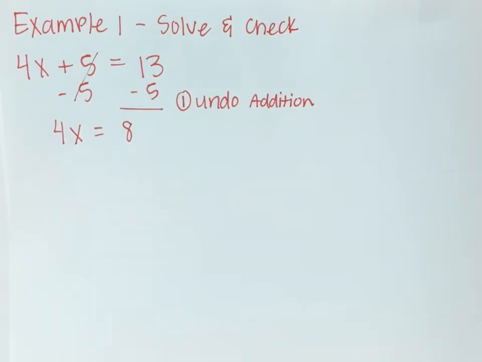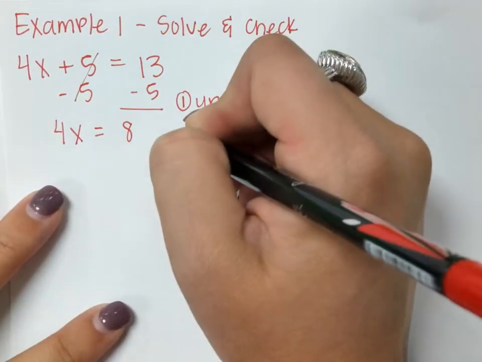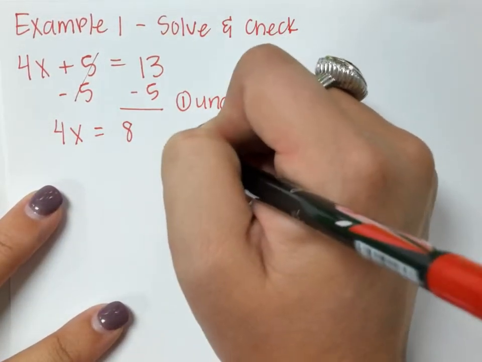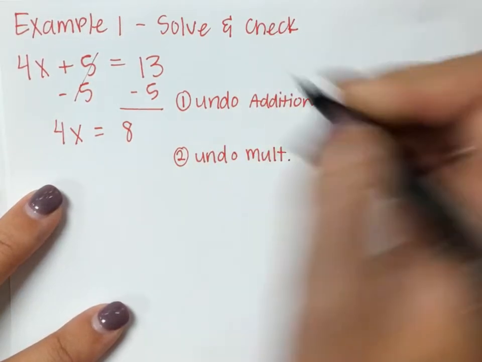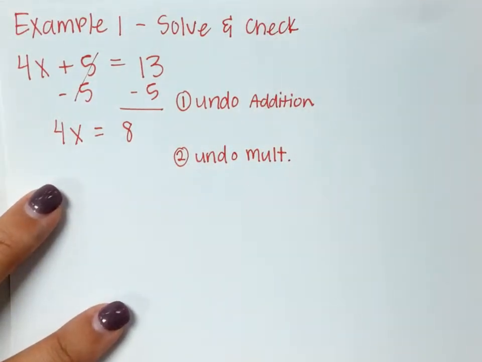Now I have a one-step equation. So after I undo my addition and subtraction, my second step is to do what? Good. Undo the multiplication. So if I'm undoing that multiplication, that means I'm doing what, Sierra?